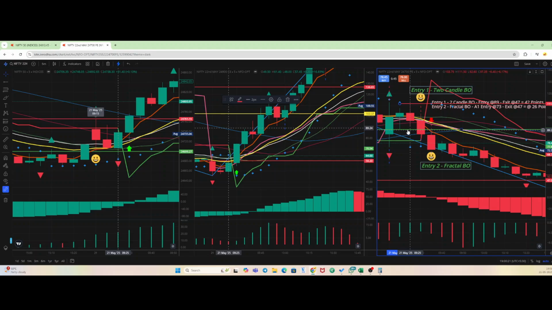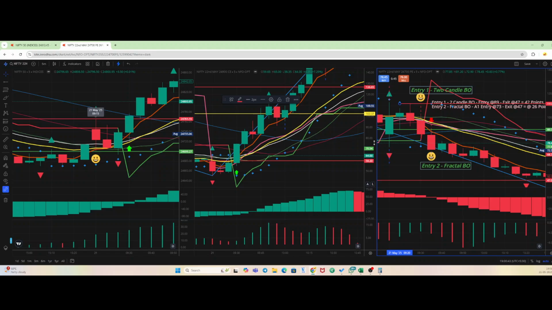For taking the two candle breakout, the only condition we have to see is that the previous candle, the entry candle, should close below the 20 EMA. So the 15 and 20 EMA is the only condition required.